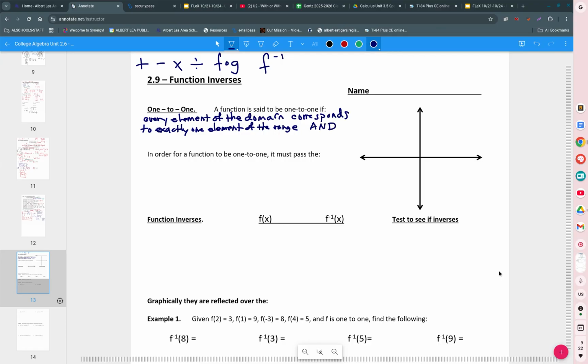and every element of the range corresponds to exactly one element of the domain.